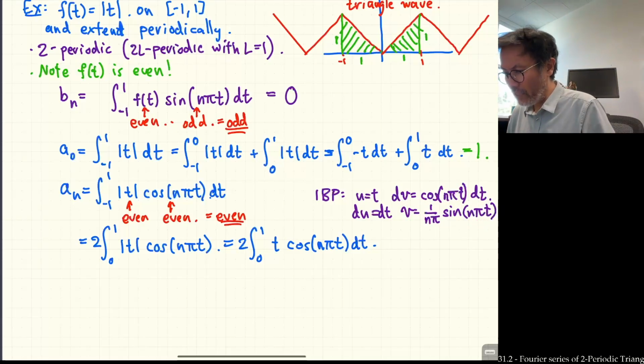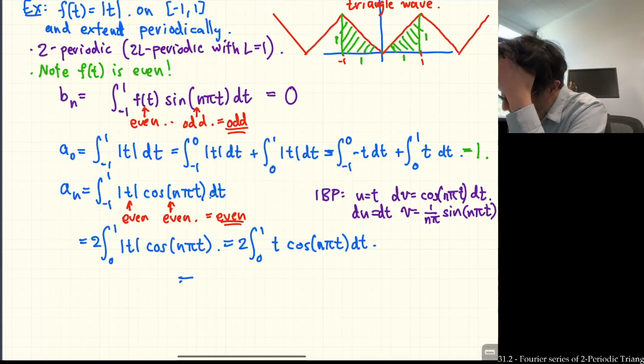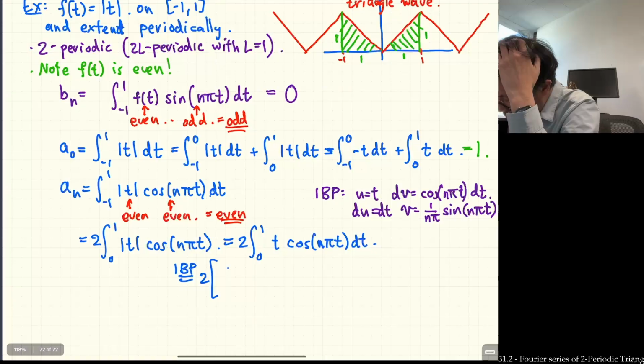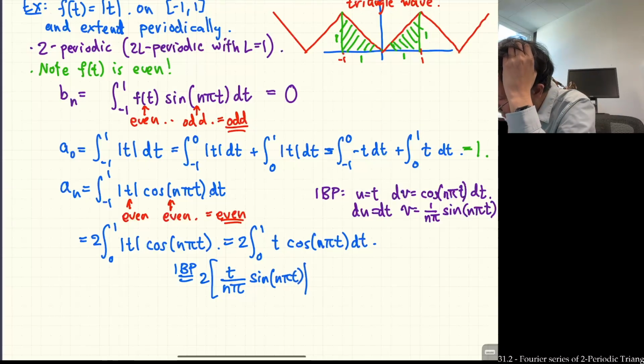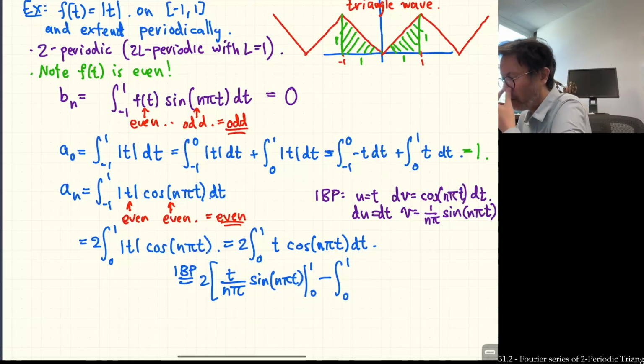All right, so by integration by parts, this is equal to 2 times, big old bracket, u times v, so that's t over n pi times sine of n pi t, evaluated from 0 to 1, minus the integral from 0 to 1 of v du.